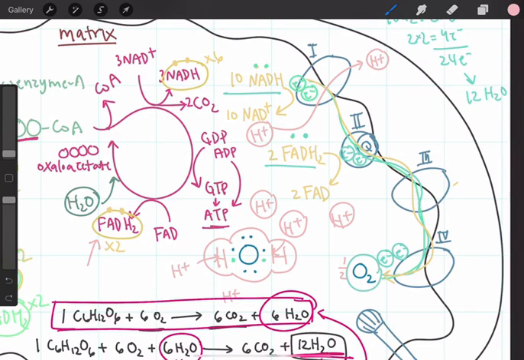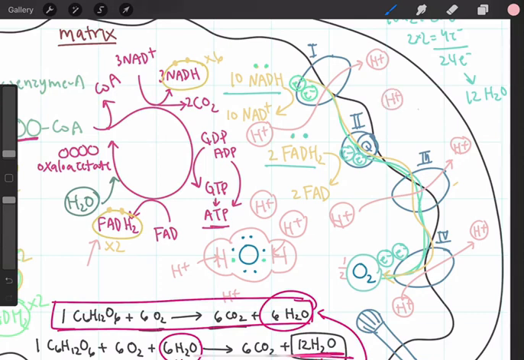So that's going to happen in proteins 1, 3, and 4. Protein 2 is not going to pump any protons across the membrane. It's mainly serving as an electron acceptor for FADH2 to drop off its electrons. And protein 4 is going to also pump protons across the membrane.